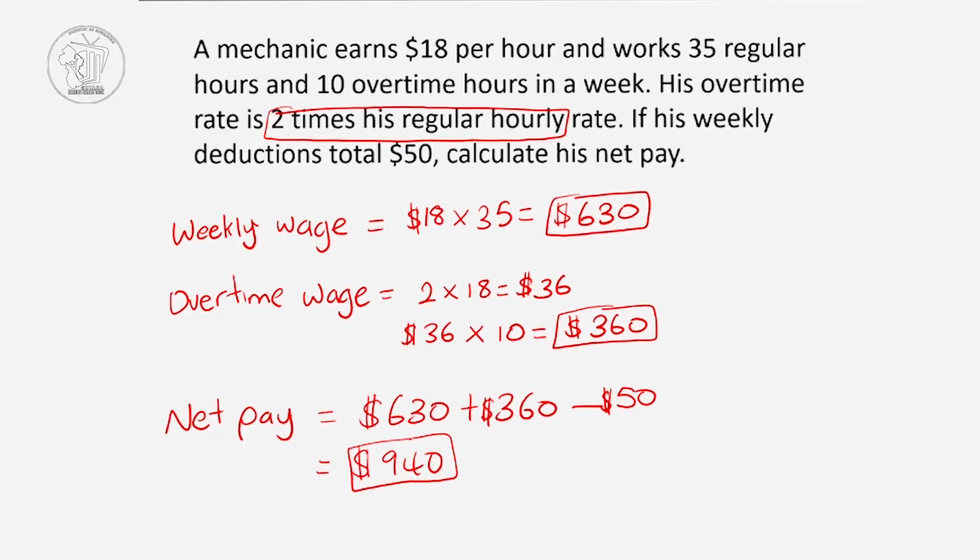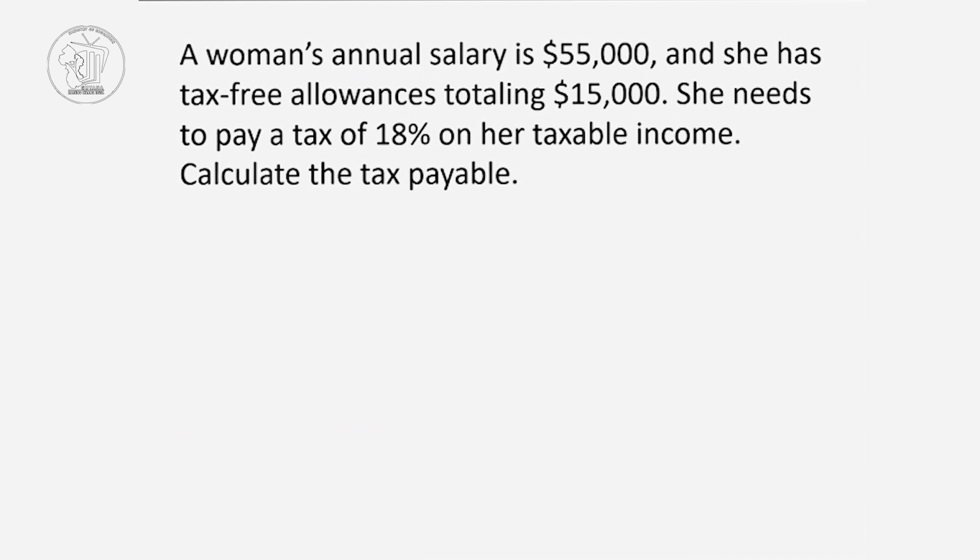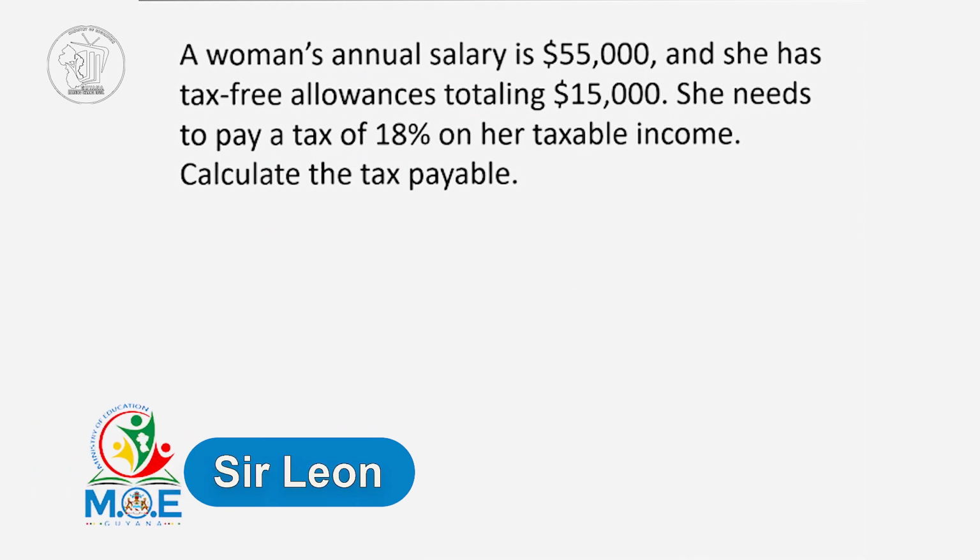Now let's look at this last example. This last example says a woman's annual salary is $55,000. She has tax-free allowances totaling $15,000. She needs to pay 18% tax on her taxable income. Calculate the tax payable.